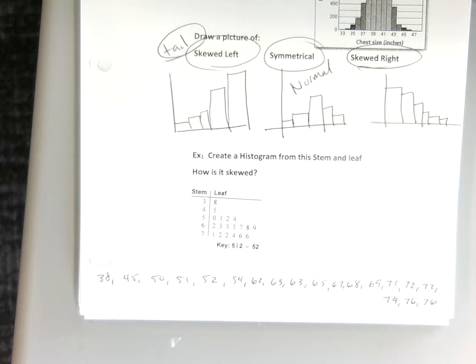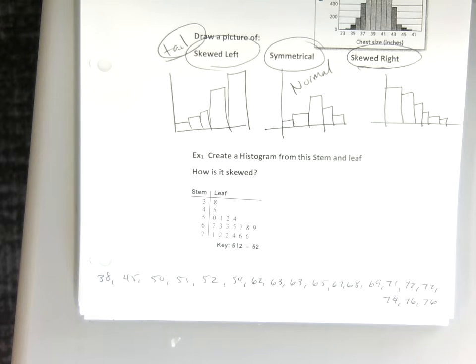Right? What happened to the fraction? Great question. You can put your key, and you ask the best question. You can make your key as 5, 2 equal to 5.2.